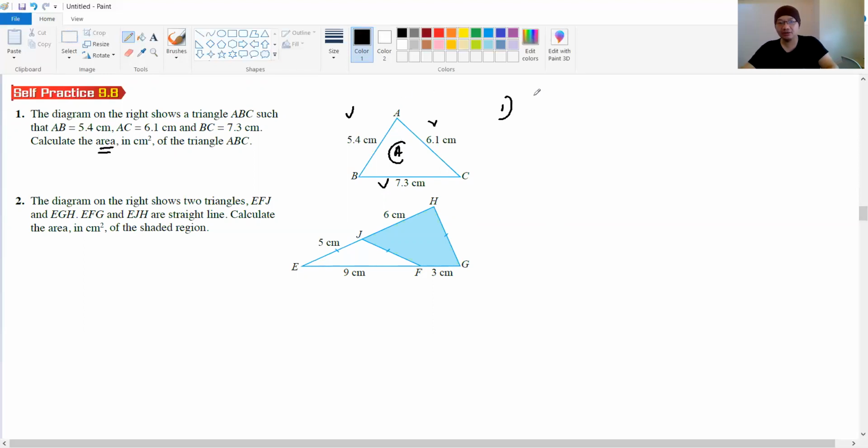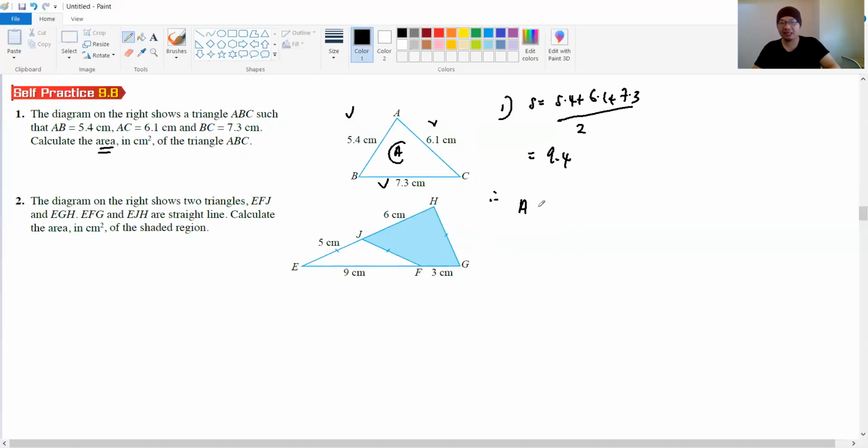First step, we need to find S: 5.4 plus 6.1 plus 7.3, divided by 2. The answer should be 9.4. So 9.4 is your S.